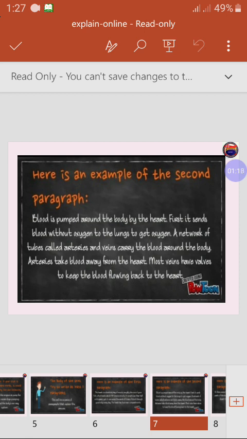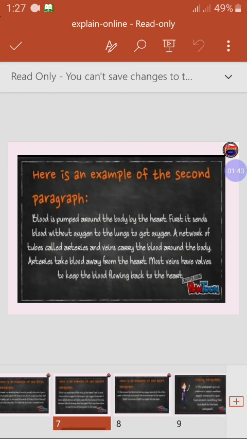A network of tubes called arteries and veins carry the blood around the body. Arteries take blood away from the heart. Most veins have valves to keep the blood flowing back to the heart. This is the second paragraph, and it's stating the first stage, that the heart pumps the blood that carries oxygen to the body parts. So here we mention the importance of the veins and arteries in our body.